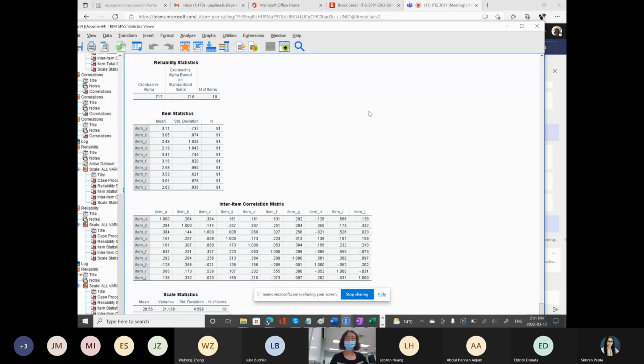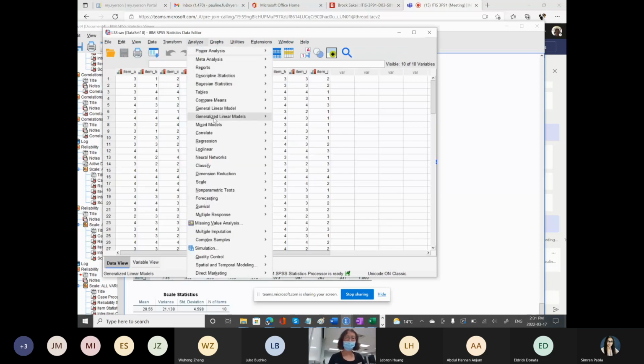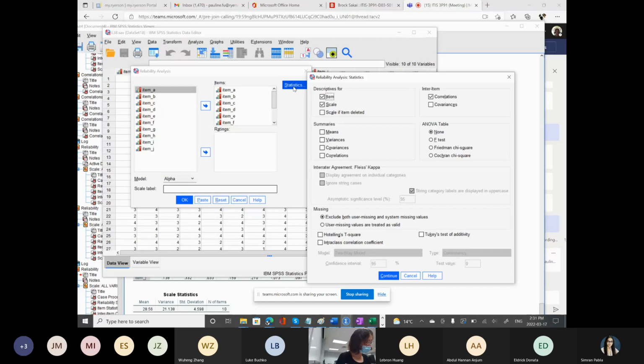Yes, if you don't have that table, that is my mistake because I missed one step. So repeat yourself: Analyze, Scale, Reliability Analysis. Okay, and select all the items, check out the statistics. We missed this one, scale if item deleted.